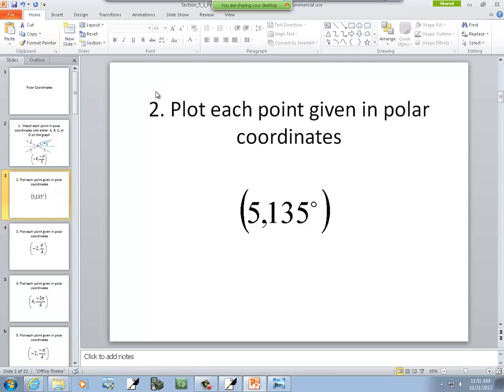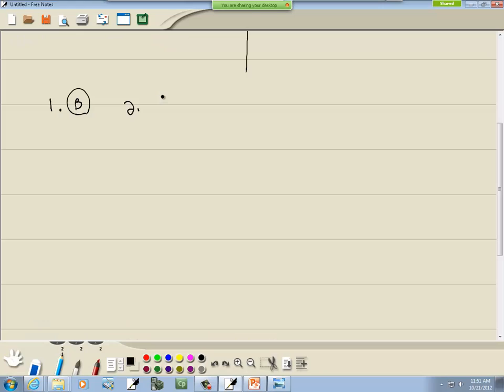Number 2 says plot each point given in polar coordinates. Well, that means this is r, and this is theta. First thing we do is we got 135 degrees. Again, this is our initial side. 135 degrees is over to there.